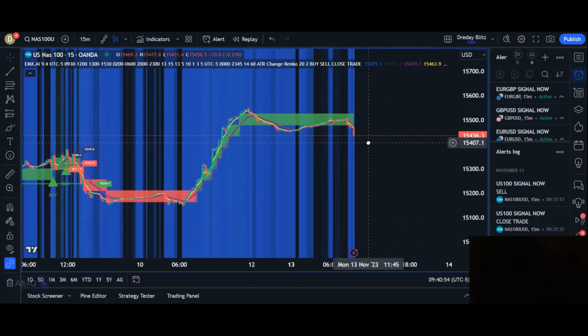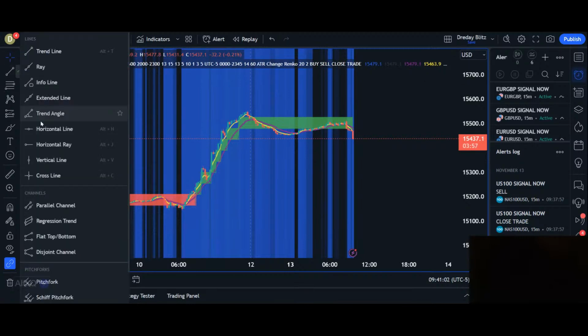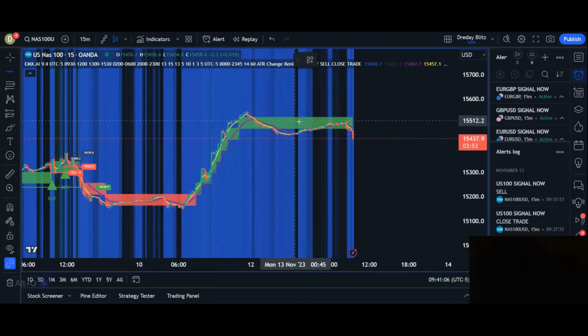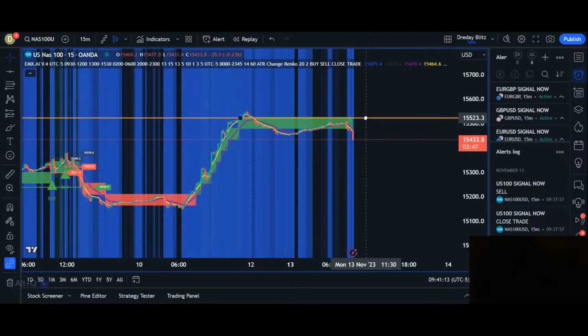and basically my stop loss is the top of the previous Renko. The stop loss, I always put a horizontal line, so that I'm able to put the actual price on my broker, regardless of the broker you're using. So you have a range here, more or less.